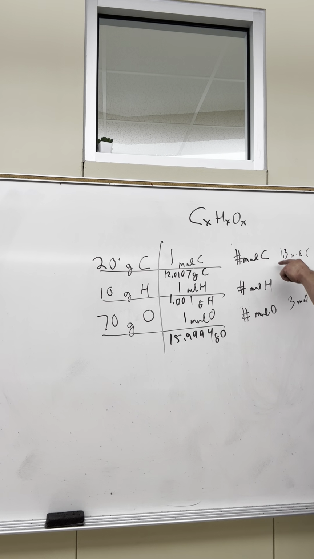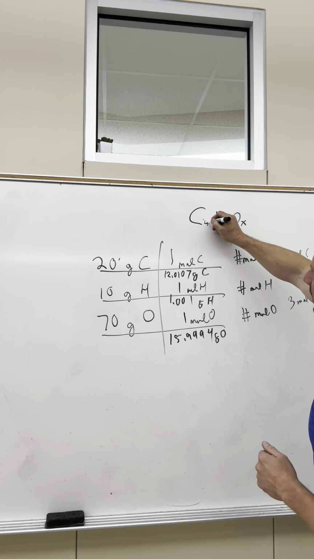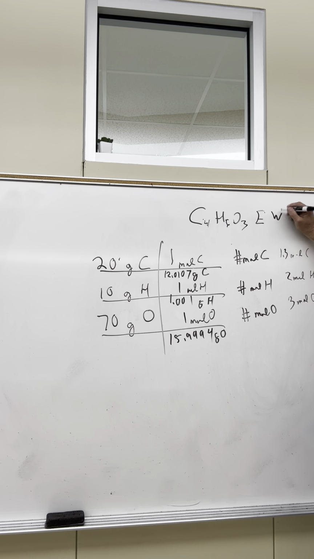Well, then I look at this and I go, I'll multiply that by 3, and then all of these by 3. So if I multiply that by 3, that would be 4. If I multiply this one by 3, that'd be 6. And if I multiply this one by 3, it'd be 3. So that'd be my lowest whole number ratio. My formula would be, if that was it, which it's not, C4H6O3. This is my empirical formula.